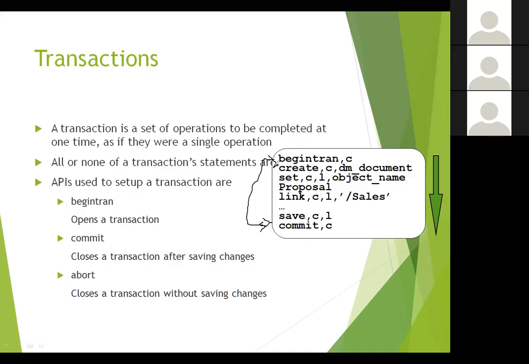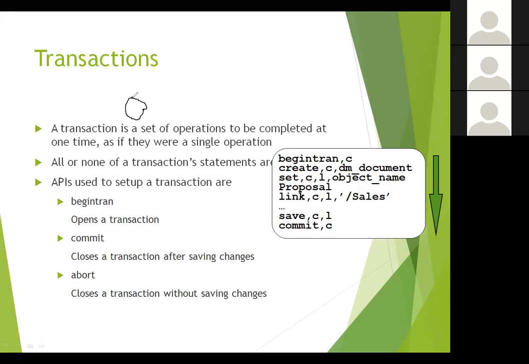Okay, you are saying that a transaction is nothing but a number of operations at a single time. Right, correct. The group of operations is to be completed at one time. If there is any error in these operations, it rolls back.